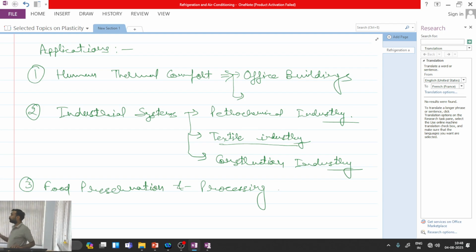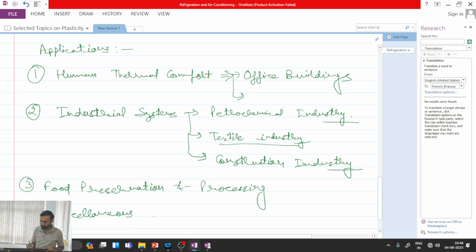In our household also, till the time we have not used the frozen items, we have to keep them in the frozen state. Whenever we want to use them, we will be defreezing them. So all these things come under this. And point number 4 is miscellaneous applications.